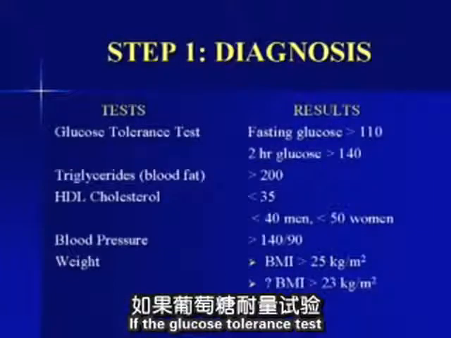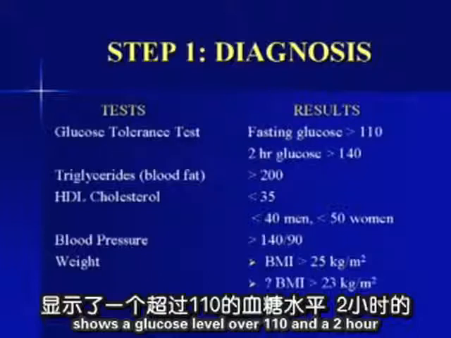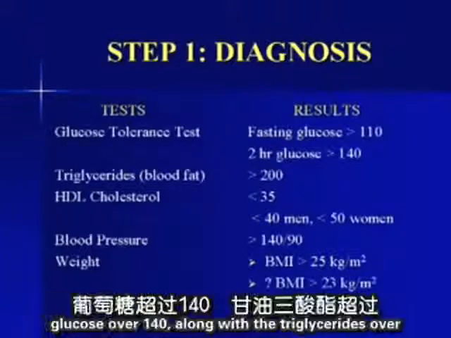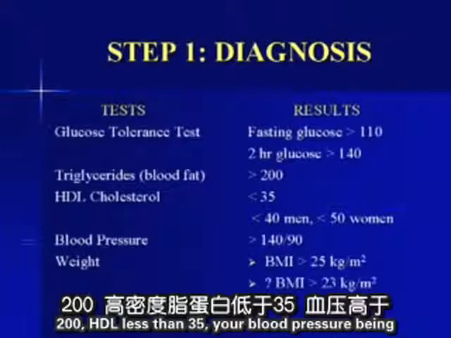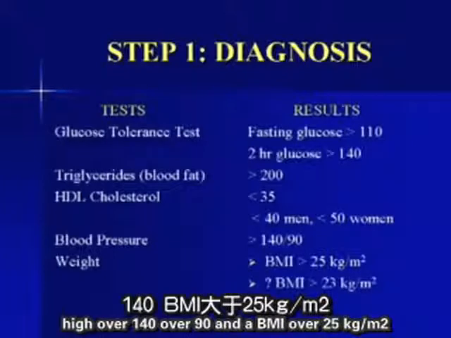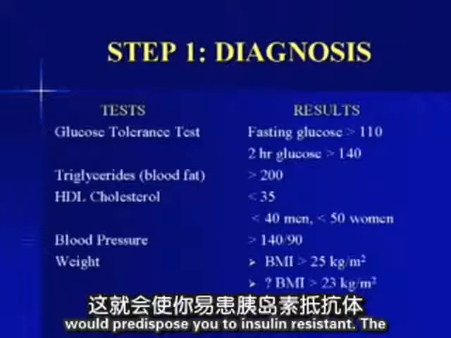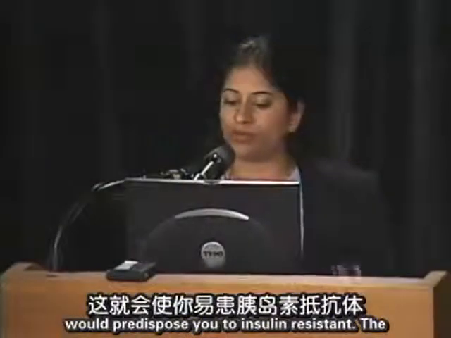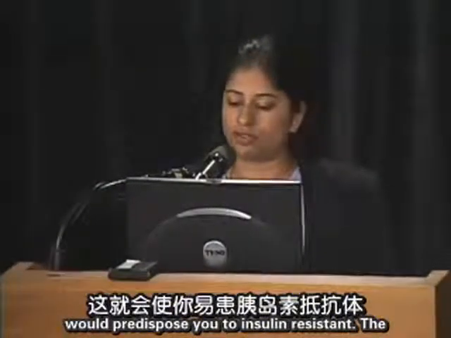So if the glucose tolerance test shows a fasting glucose level over 110 and a 2-hour glucose over 140, along with triglycerides over 200, HDL less than 35, your blood pressure being high, over 140 over 90, and you being obese with a BMI over 25 kilograms per meter squared, that would predispose you to insulin resistance.